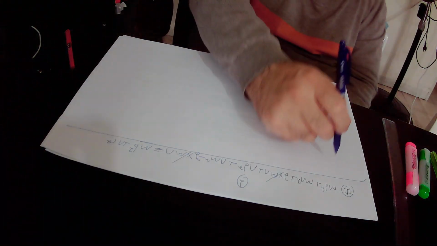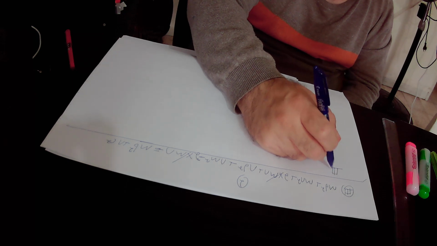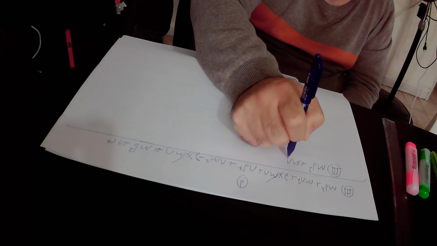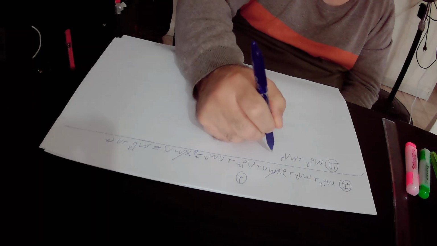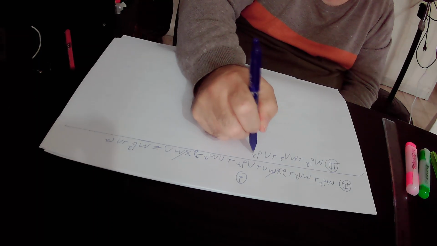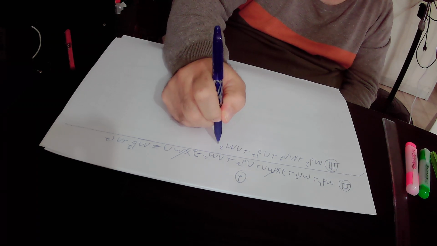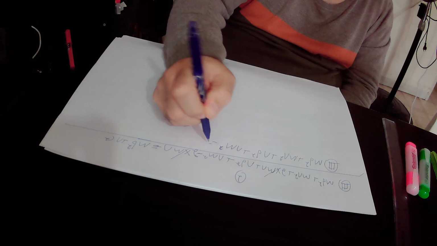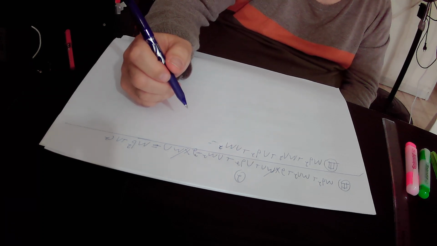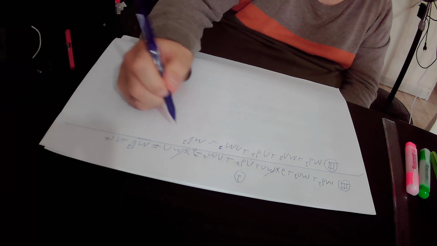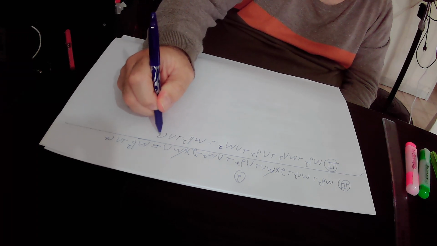We have md squared plus mn squared plus nd squared plus nm squared equals mb squared plus nc squared.